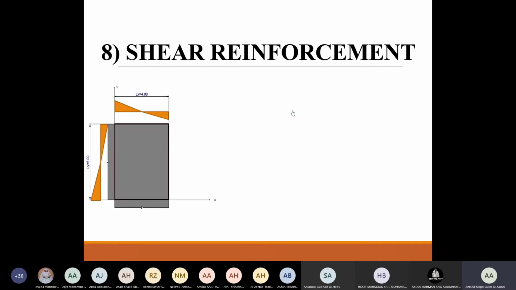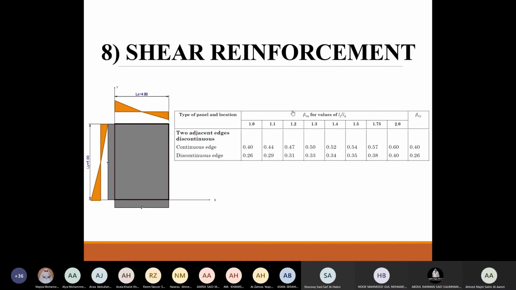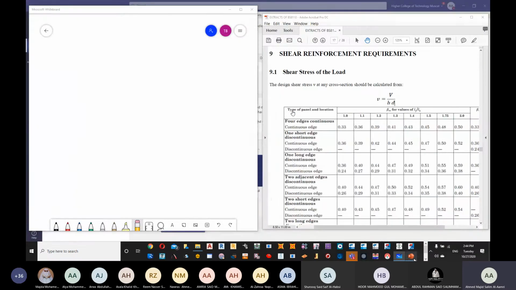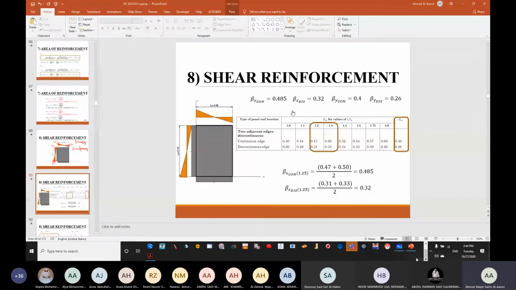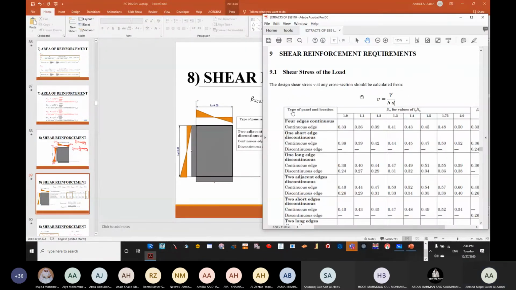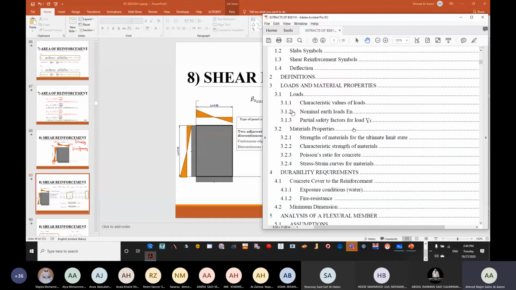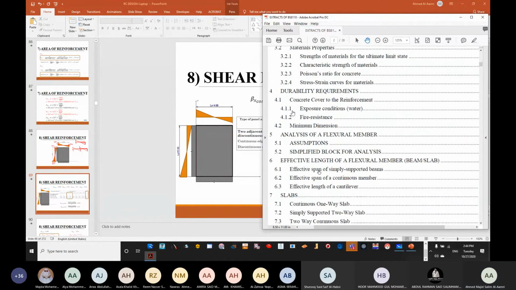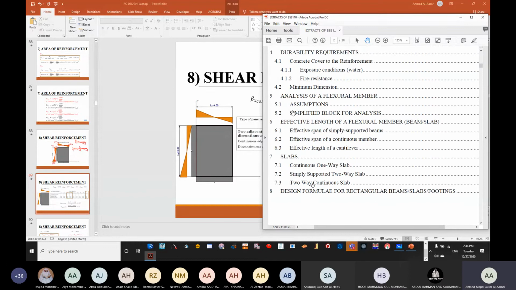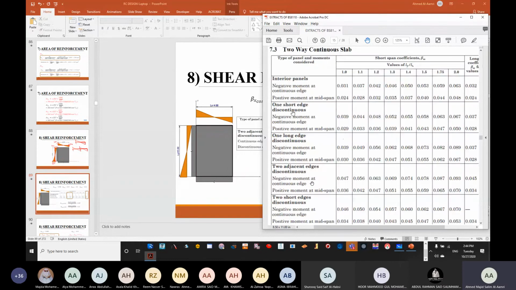Now, if we go and see, do you remember the table that we were using for the bending moment? The big table, which is two-way restraint.